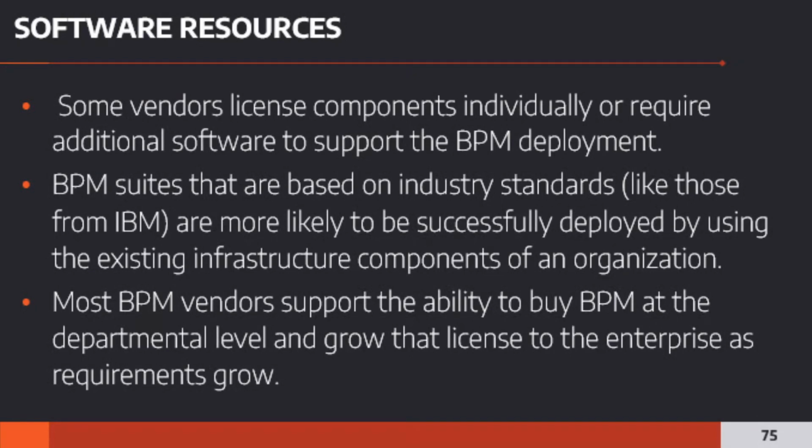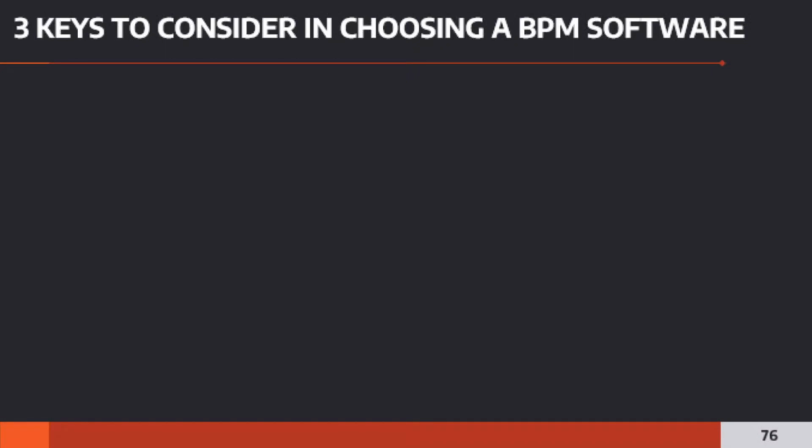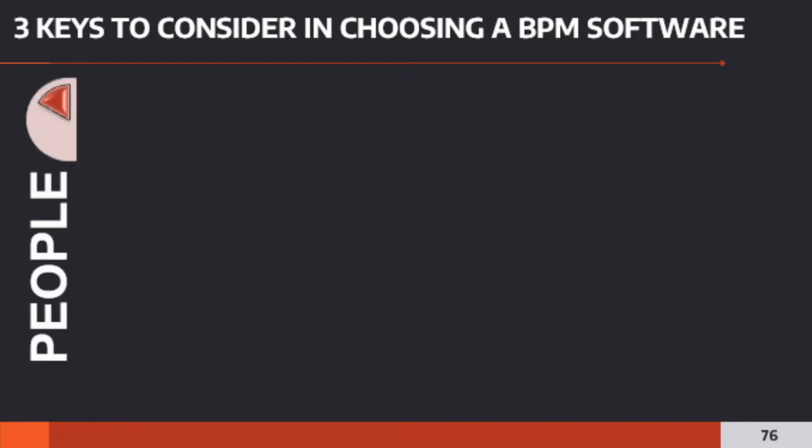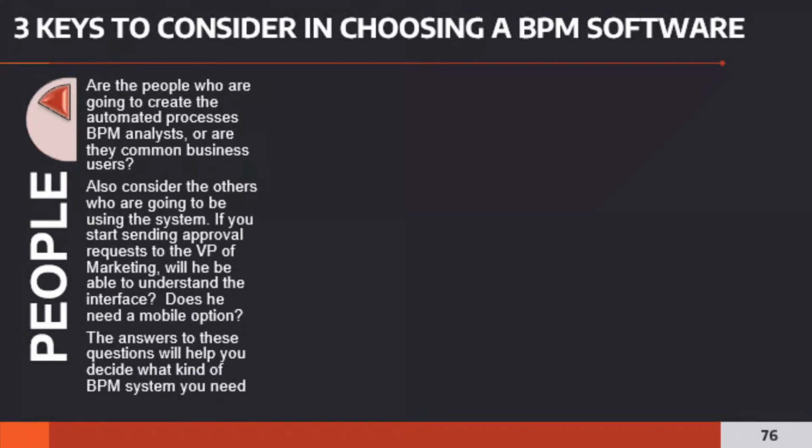Oh, by the way, in continuation, what are the 3 keys to consider when you're choosing BPM software? Number 1, people. Are the people who are going to create the automated process BPM analysts, or are they common business users? You also need to consider the others who are going to be using the system.